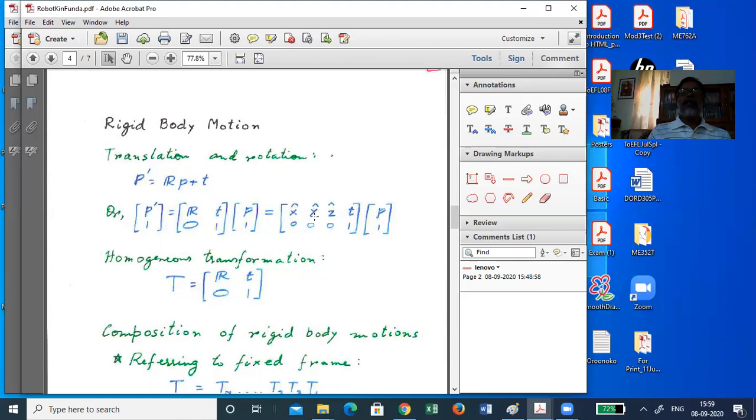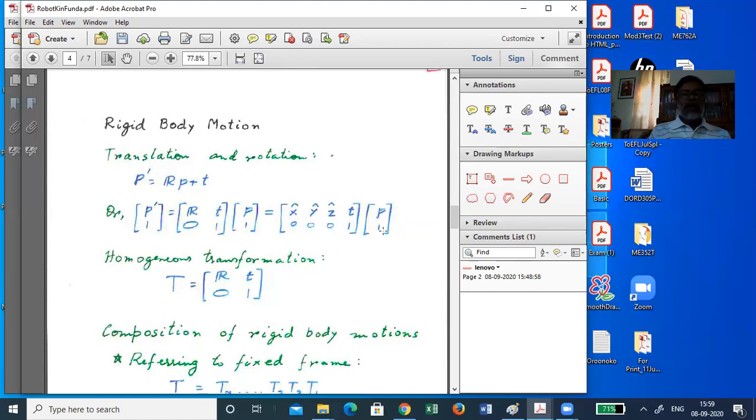The 3 unit vectors, the 3 coordinate unit vectors of which are sitting here. This T is the 3D translation vector, Tx, Ty, Tz, and the last row is the dummy 0, 0, 0. So this matrix is the homogeneous transformation matrix, which is now 4 by 4. Okay, because in the position vector at the end there is a dummy 1.